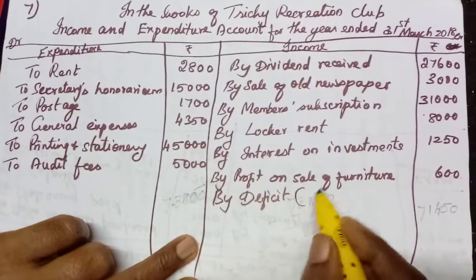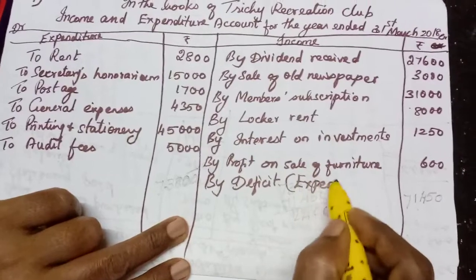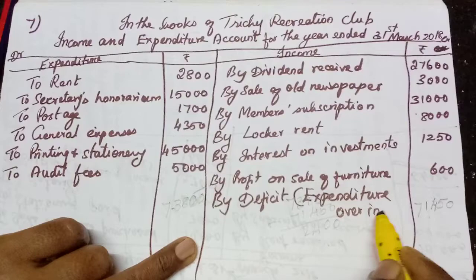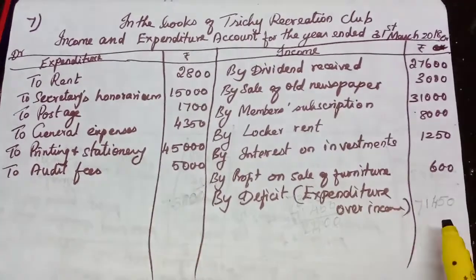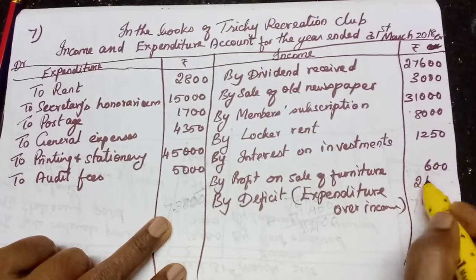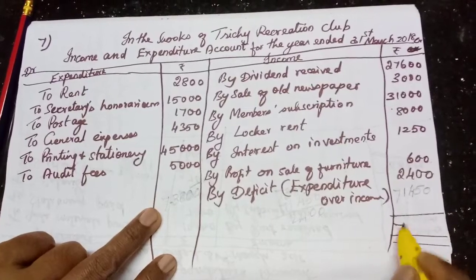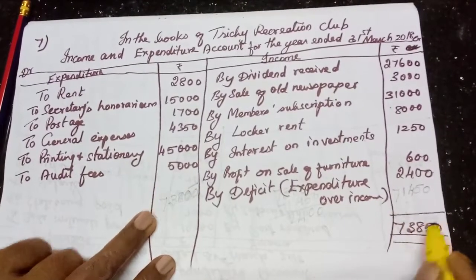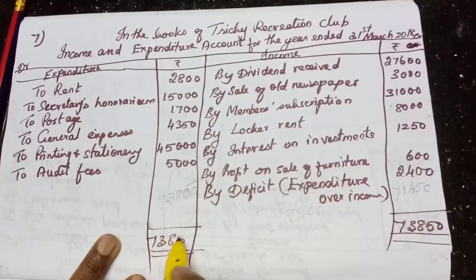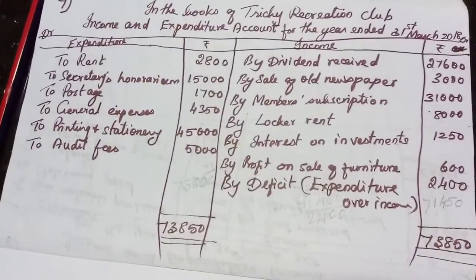Then in brackets write expenditure over income. How much? 2,400. What is the total amount? 73,850. Understood? So we have got that answer.